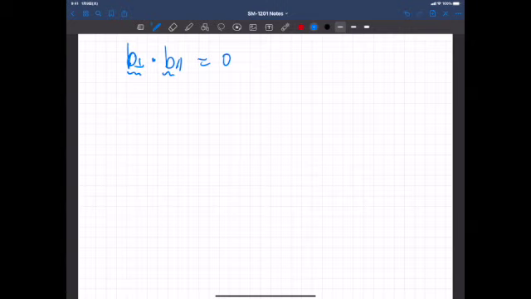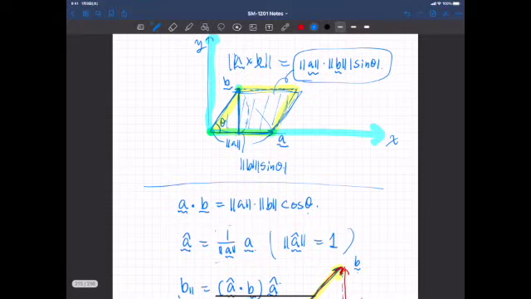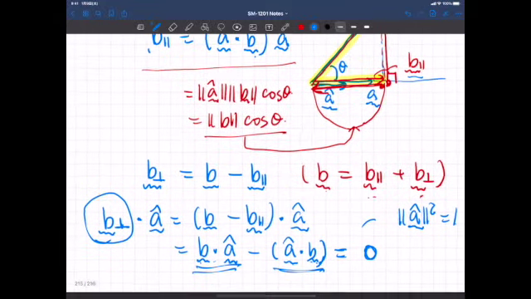Now just calculate the modulus of B perpendicular squared using the definition of this vector.